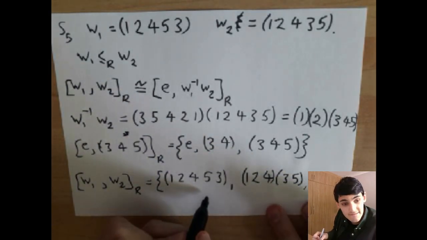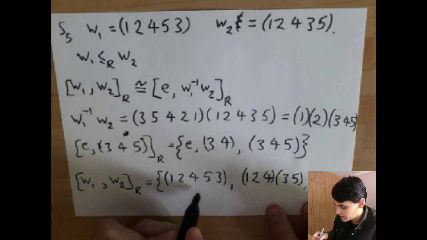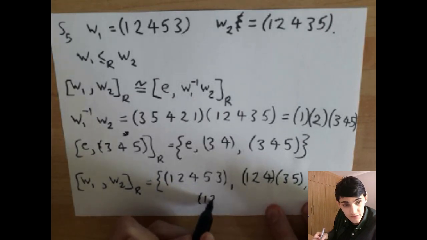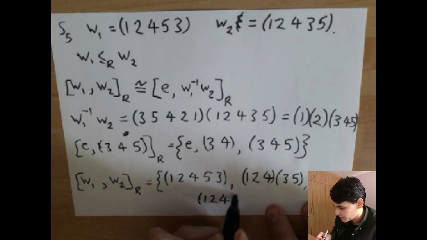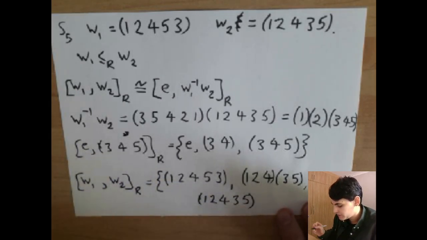And then the third is W2, which is 1, 2, 4, 3, 5.